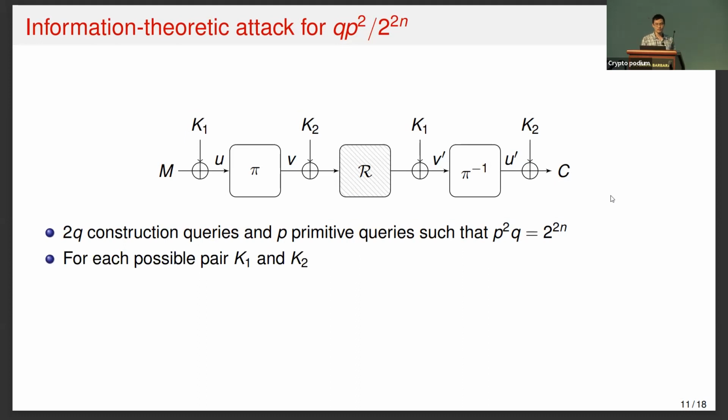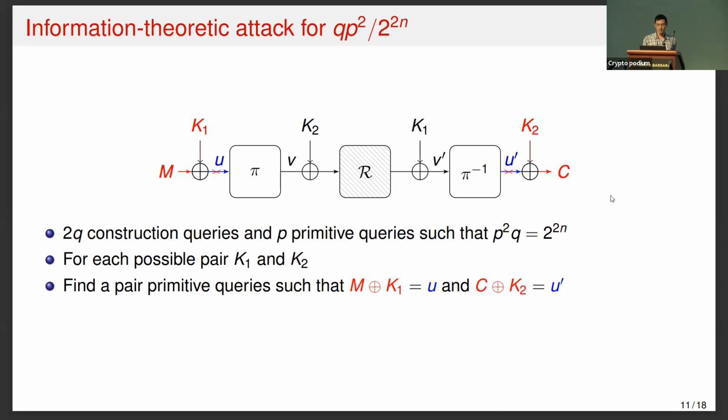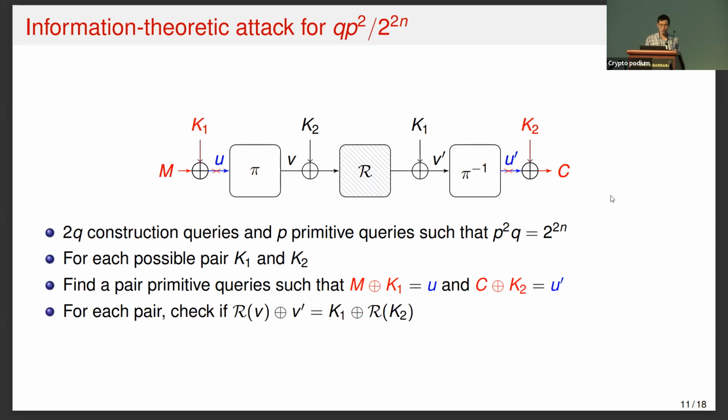Then for each possible pair K1 and K2, we need to find a pair of primitive queries such that M XOR K1 is equal to the first primitive query U, and the XOR with K2 is equal to the second primitive query. Once this happens, we can check whether this internal relation holds. Once those all hold, then we can break the system.